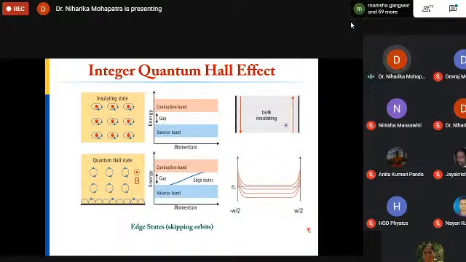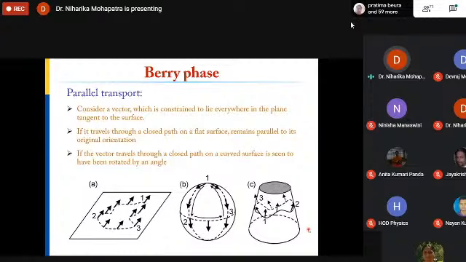Okay, now this is all about the integer Hall effect, but how can we give more physical significance to this n? What is the significance of this n?